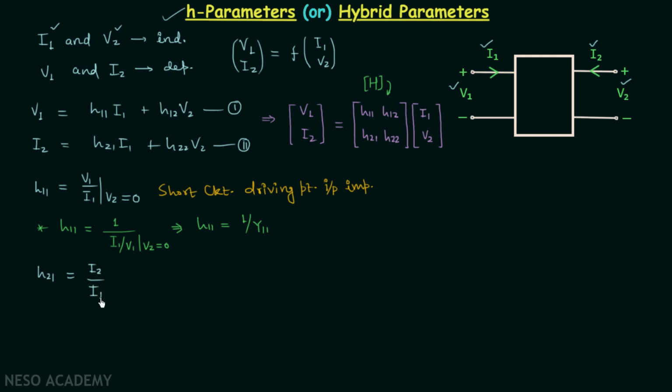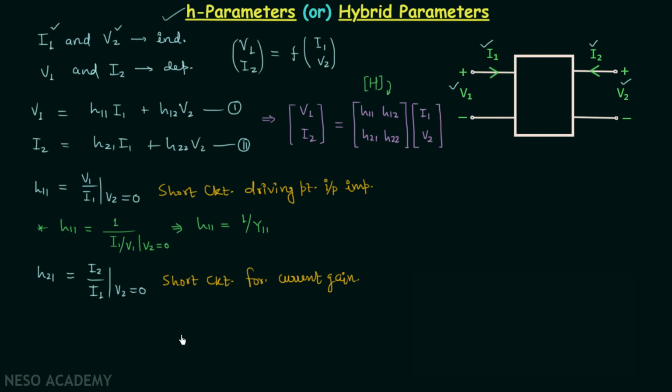I2 divided by I1 when voltage V2 is equal to 0, and its name will be short circuit because of V2 equal to 0. Then we have current divided by current. This means we will have the current gain, and the current gain will be forward current gain.